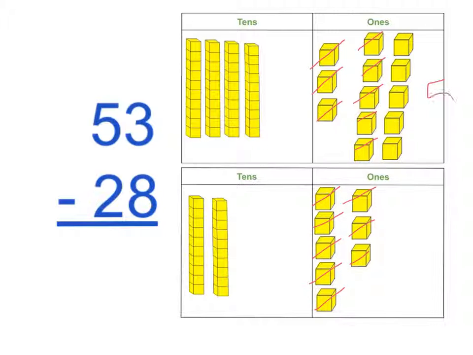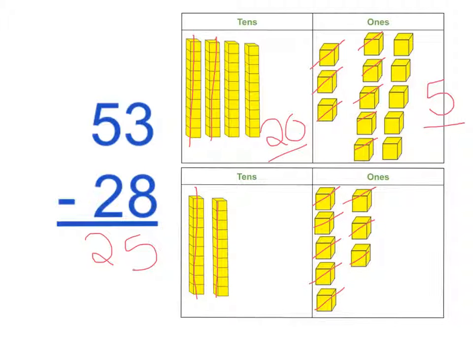So in the ones, I have 5 left over. I can do the same thing in my tens. I can take this 10 away from this 10, and I'm left with 10, 20. So in the tens I'm left with 20, and in the ones I'm left with 5, therefore I'm left with 25. So if you take 28 away from 53, you will end up with 25.